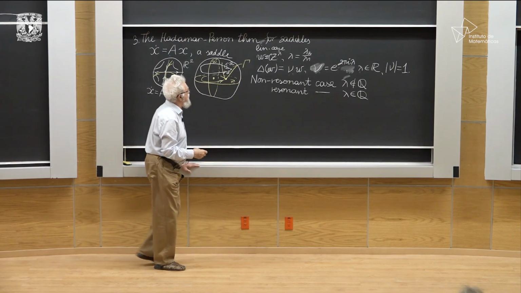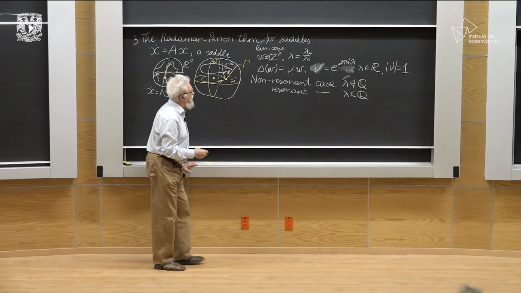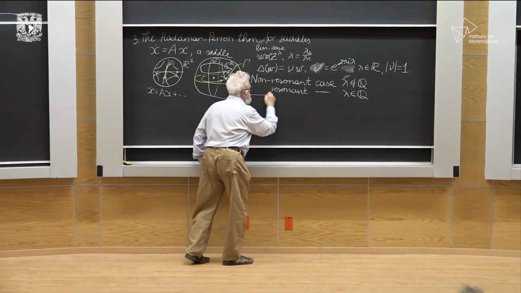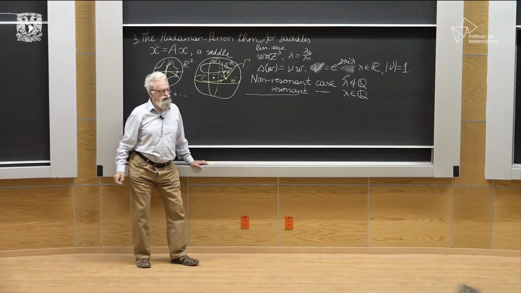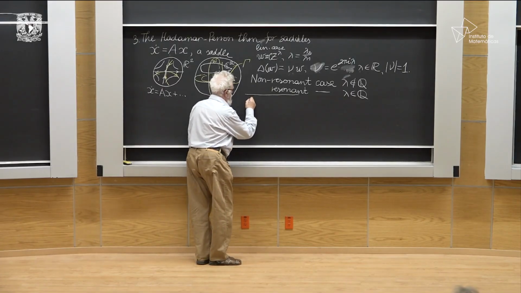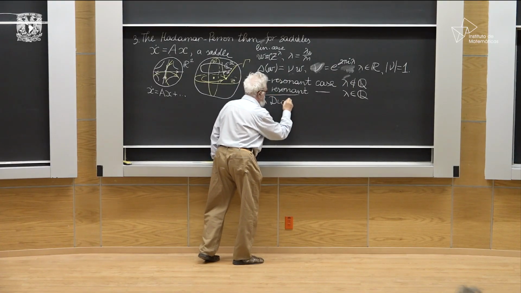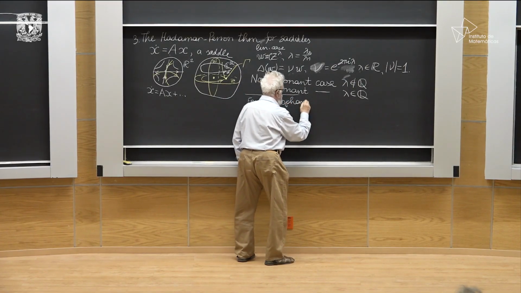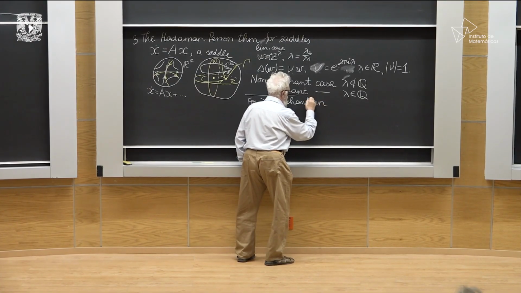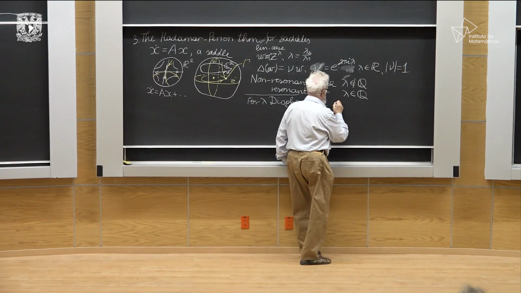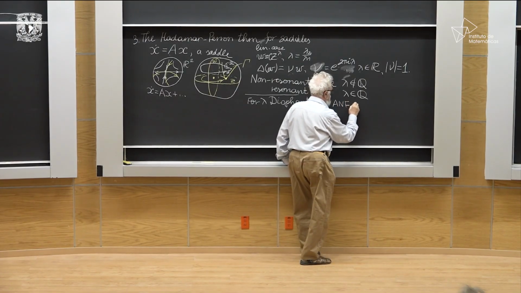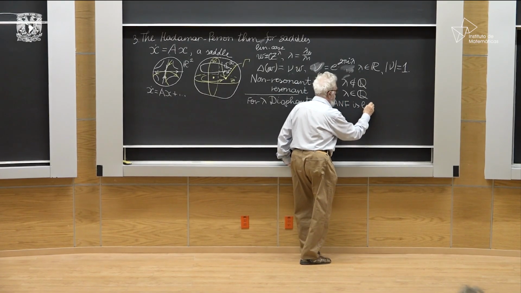So in the non-resonant case, for lambda Diophantine, that is badly approximated, the analytic normal form is linear.